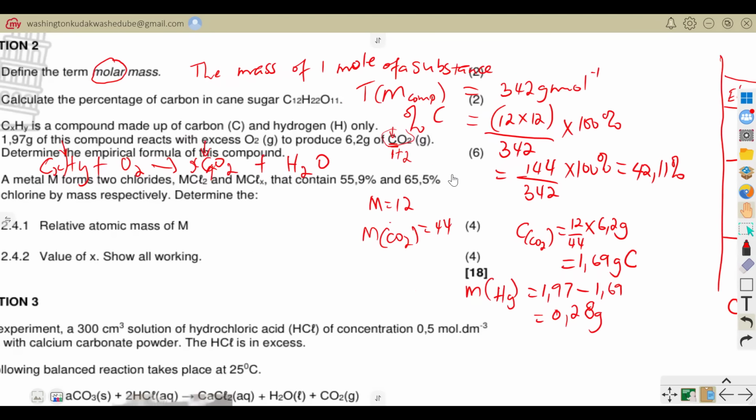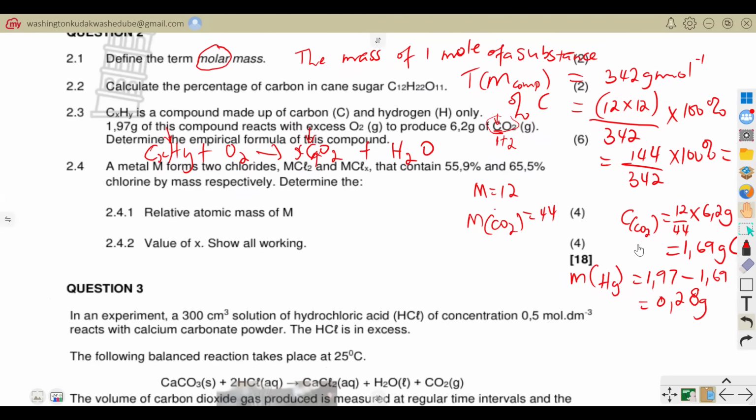So the next question there was question number 2.4. Now, 2.4 is saying a metal M forms two chlorides, which are MCl2 and MClX, that contain 55.9% and 65.5% chlorine by mass respectively.